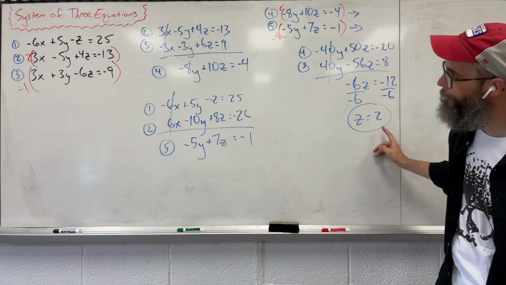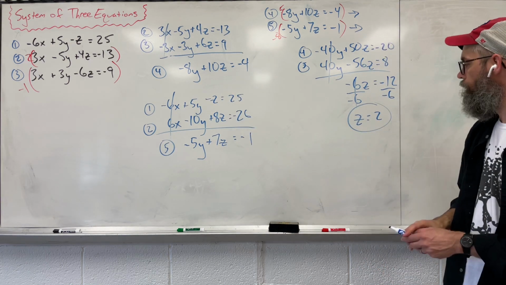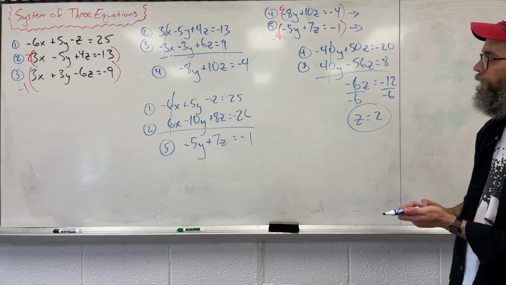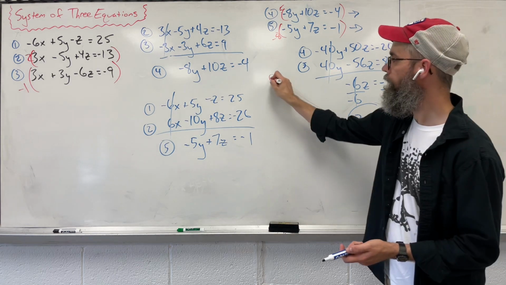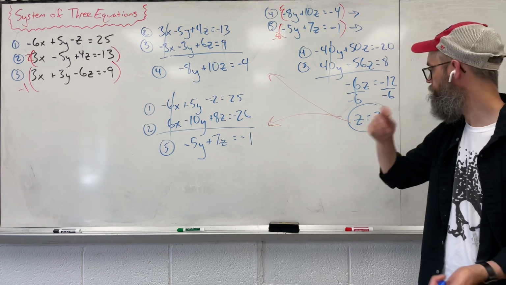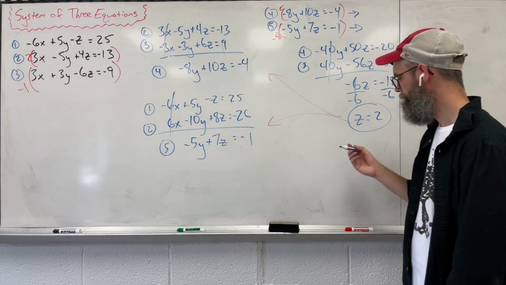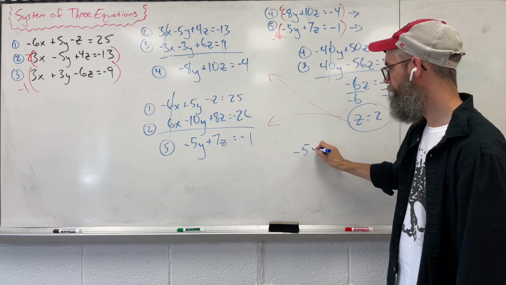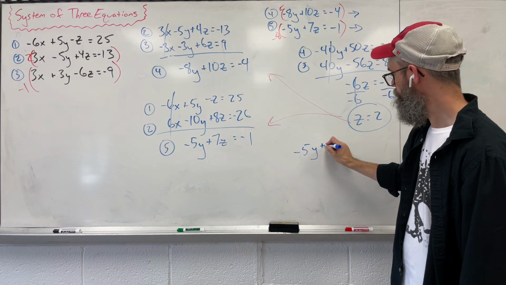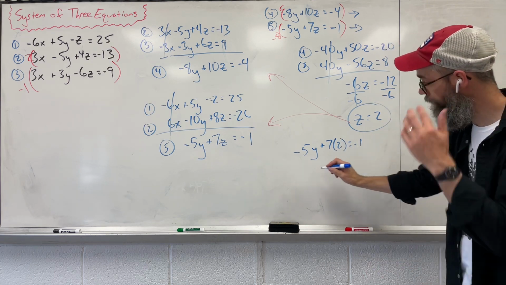Now we need to work our way back to the beginning and figure out our other x's and y's. So I want to take this number and plug it into 4 or 5. In this case, I think I'm going to use 5. Does it really matter? No. So negative 5y plus 7 times 2 equals negative 1.